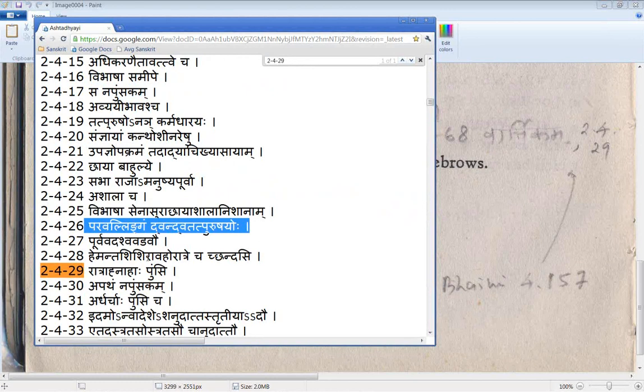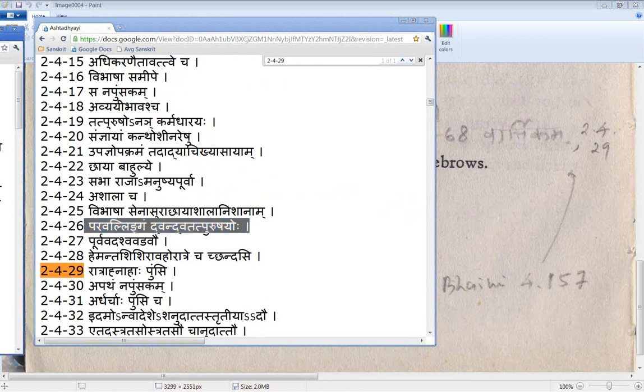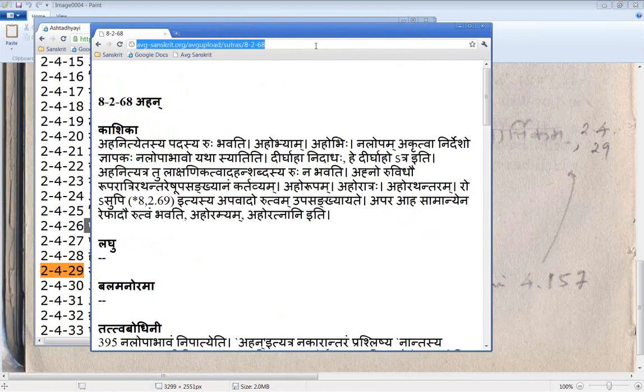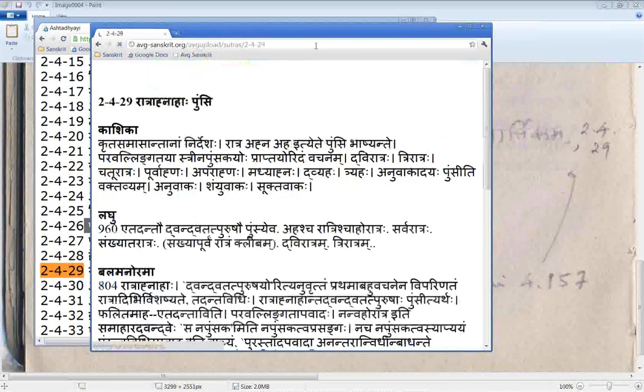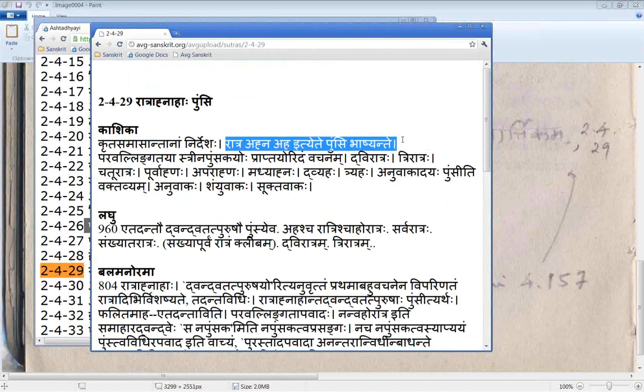But this specific sutram says, let's look at the vritti of 2.4.29. It says Pumsi. Krita Samasantanam Nirdeshaha is Ratra Ahna Aha Iti Ete Pumsi Bhashyante.